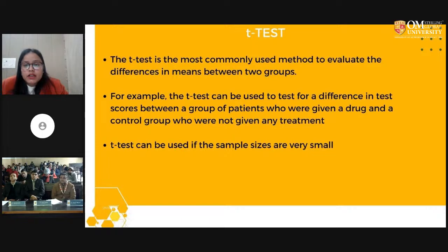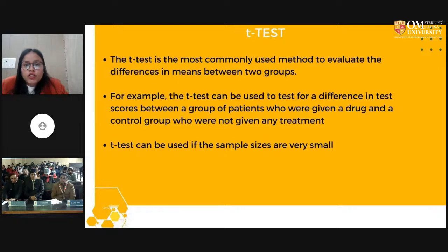One group of patients is given a certain intervention, a certain drug, and the other is the control group who are not given any treatment, and they want to test whether their test scores are different or same. So for the two groups that we have created, we can gather information on the tests of these two kinds of patients included in our study, and then we can run this particular t-test.